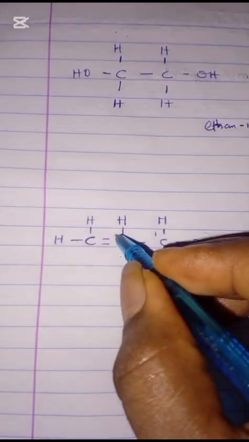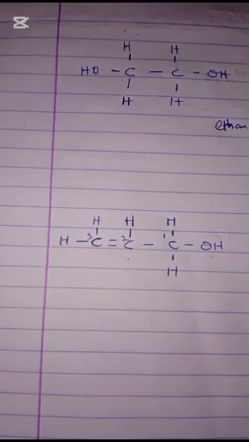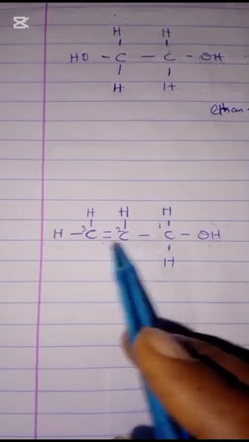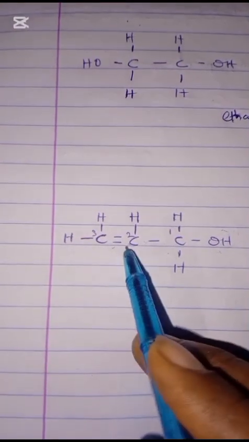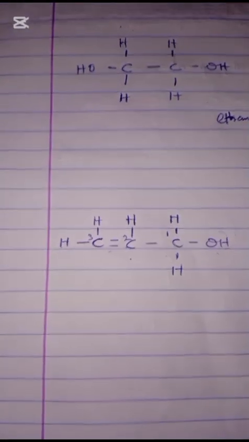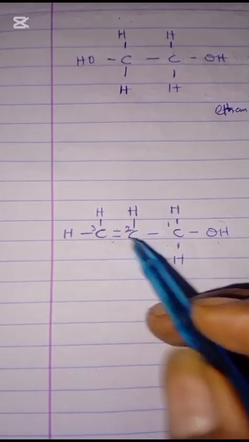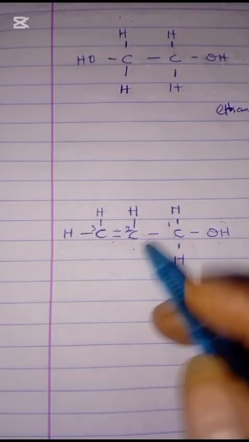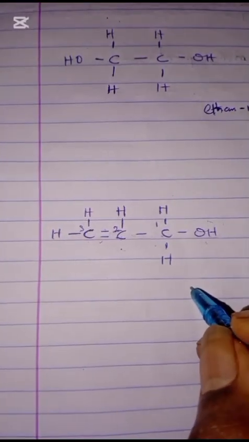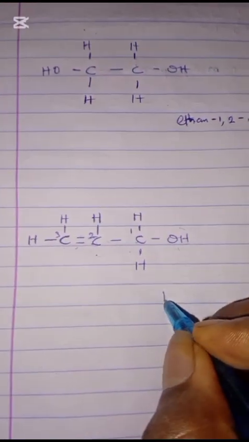So we have 1, 2, 3, which means that the double bond is between carbon 2 and carbon 3. Can you see that? On that note, you give the double bond the lowest number possible, which is what? 2. Now, since we have 3 carbons here, it means the prefix of that compound will be prop.